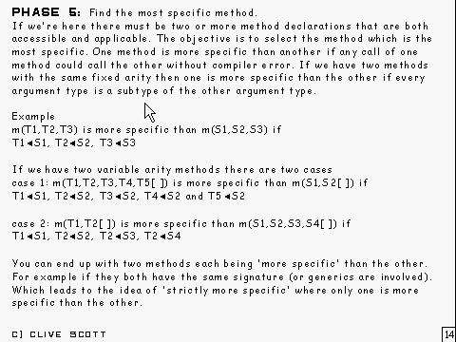If we have two methods with the same fixed arity, the same fixed number of arguments, then one is more specific than the other if every argument type is a subtype of the other argument type.